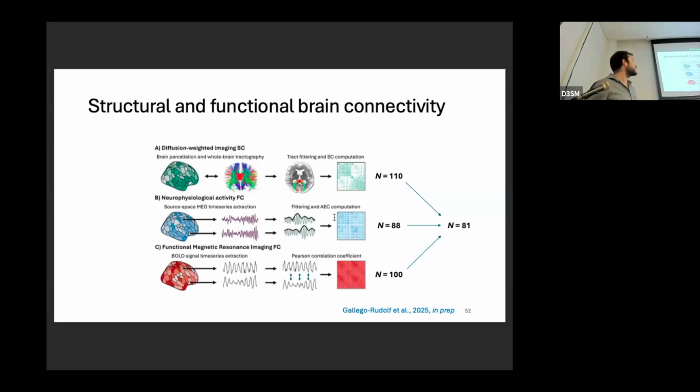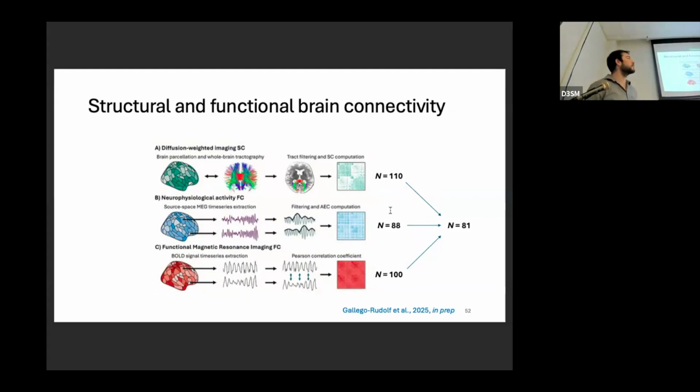We extract the time series, we choose our measure for assessing functional connectivity, which in this case, I use a technique called amplitude envelope correlation, which is a measure that is based on the amplitude of the signals. And the end product that we have is a functional connectivity matrix with the same dimensions that we have for the other modalities.